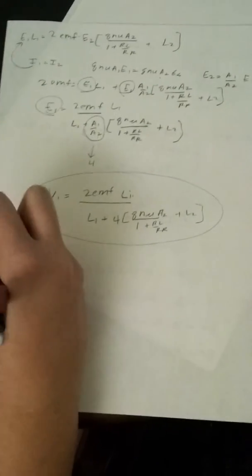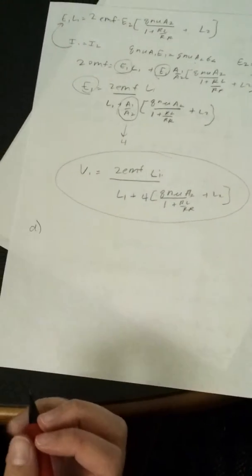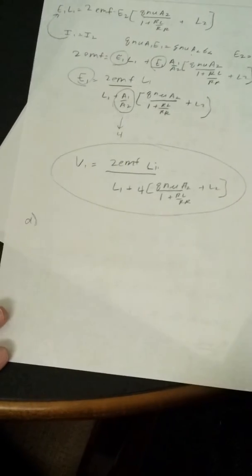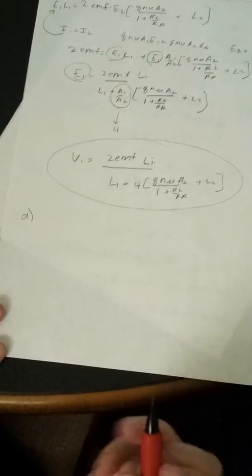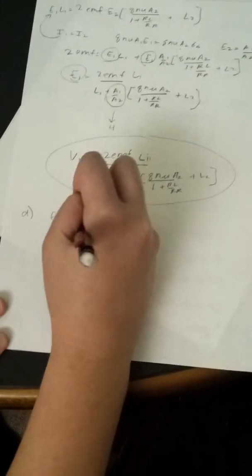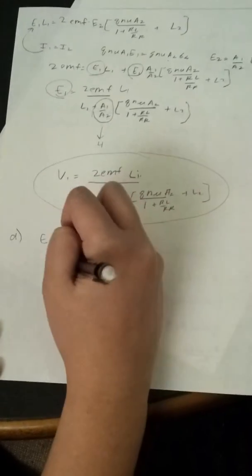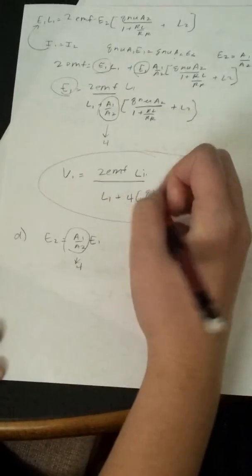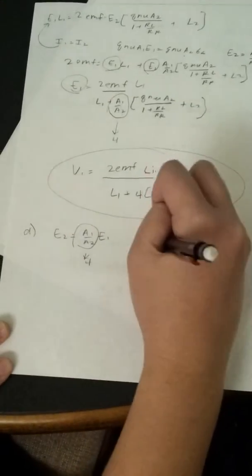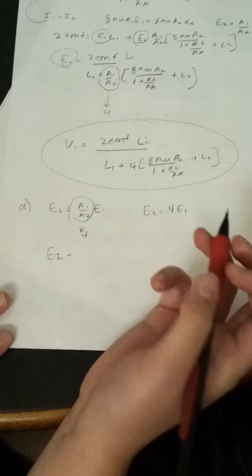Part D asks what is the E in wire 2. So this will be really easy to do because we've already identified this relationship. Since A1 over A2 is 4, we can just write that E2 equals 4 E1. So E2 is just going to be our answer we previously found, just multiplied by 4.